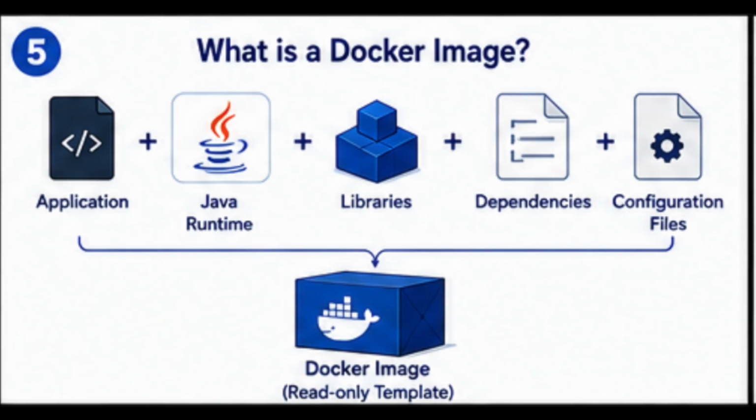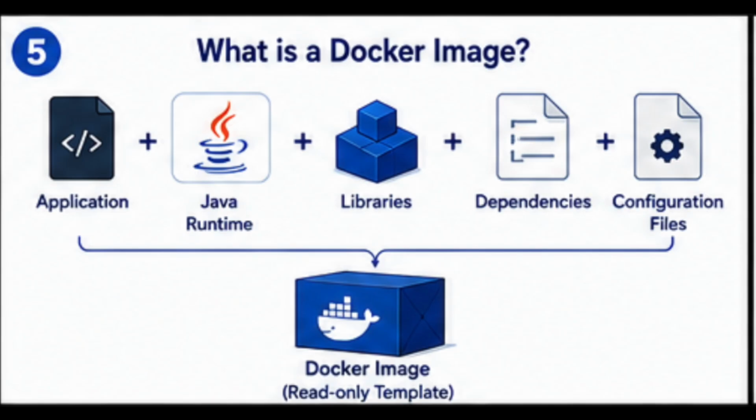A Docker image is a read-only package. It contains everything required to run an application. This includes your application code, the Java runtime, required libraries, dependencies, configuration files, and even the operating system layer. An image doesn't execute anything.